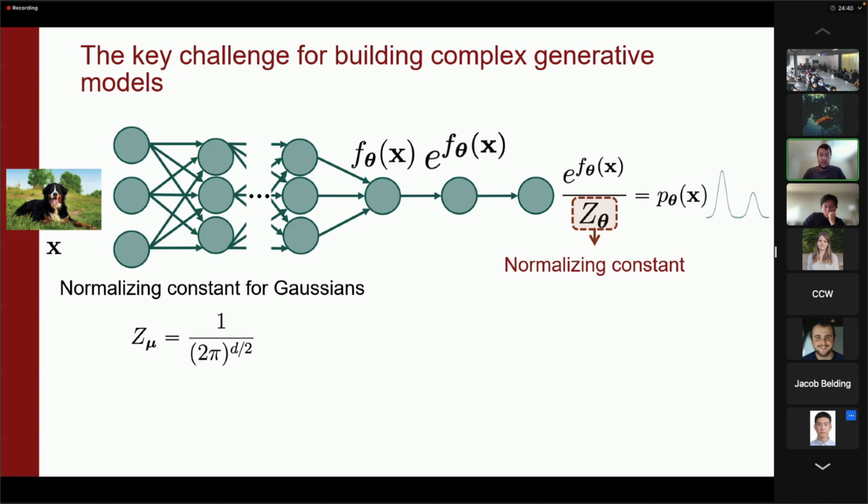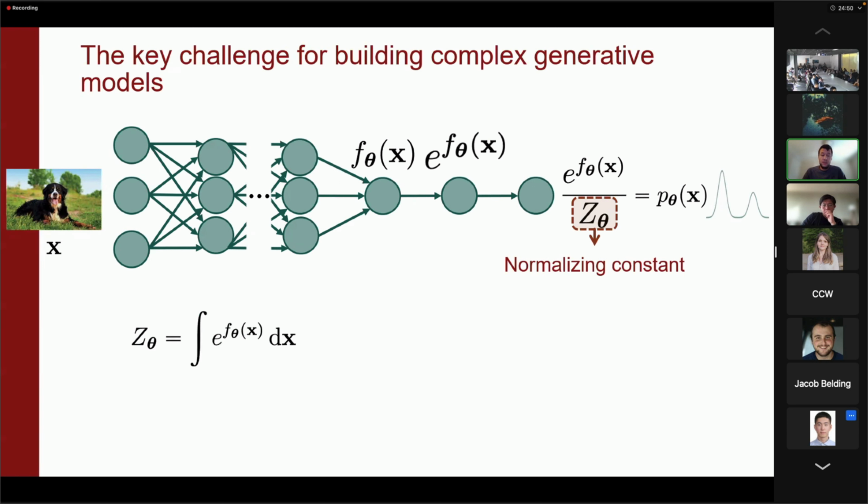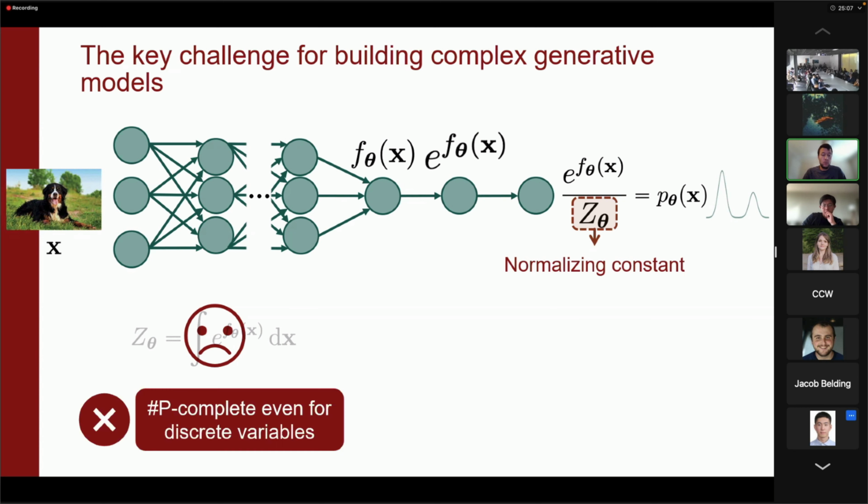If you have a Gaussian density, the normalization constant is just the denominator in the usual Gaussian PDF, so you can compute it analytically. But if you have a complicated neural network, computing the partition function involves a high-dimensional integral. You can't really evaluate this quantity, and it's very hard to build a proper probability density function using an arbitrary neural net.